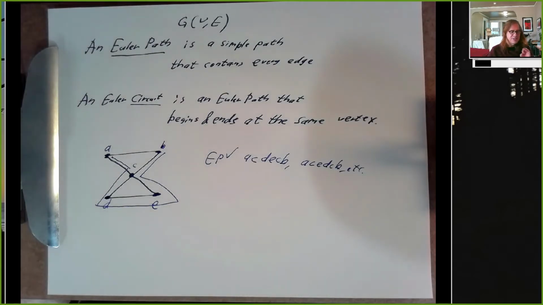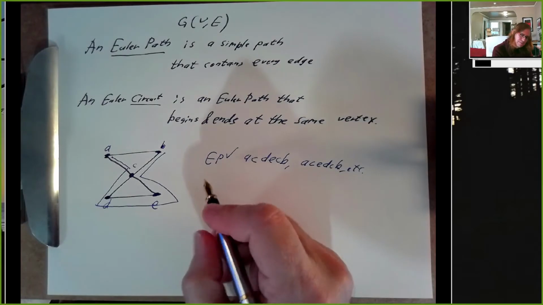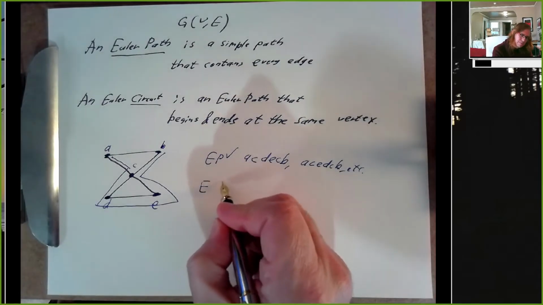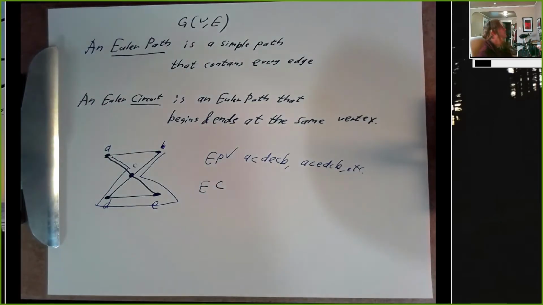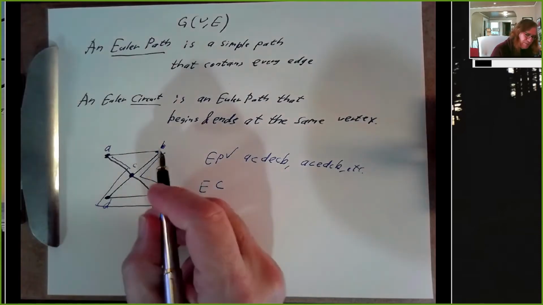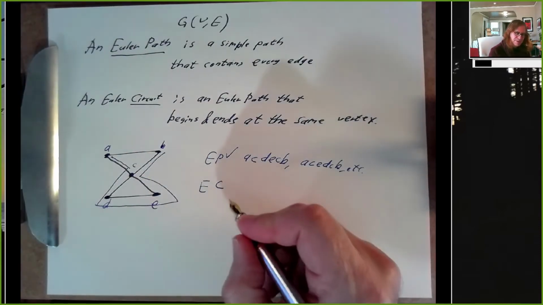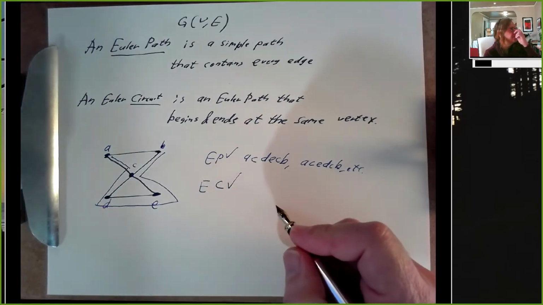All right, does it contain an Euler circuit? Yeah, so we can take exactly any of these Euler paths, and most of them end up pretty close to where we started, and so we can draw in an extra edge and get an Euler circuit.